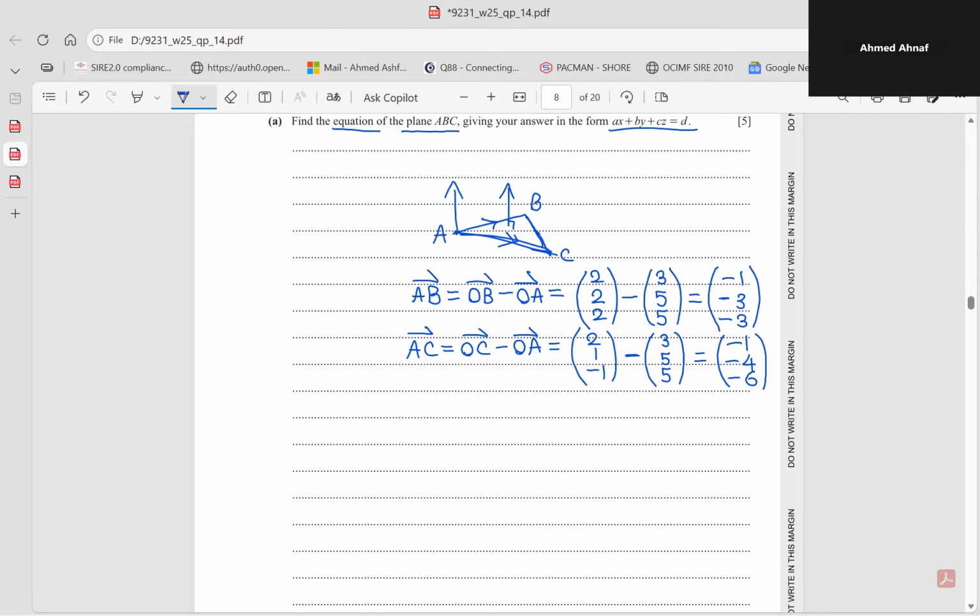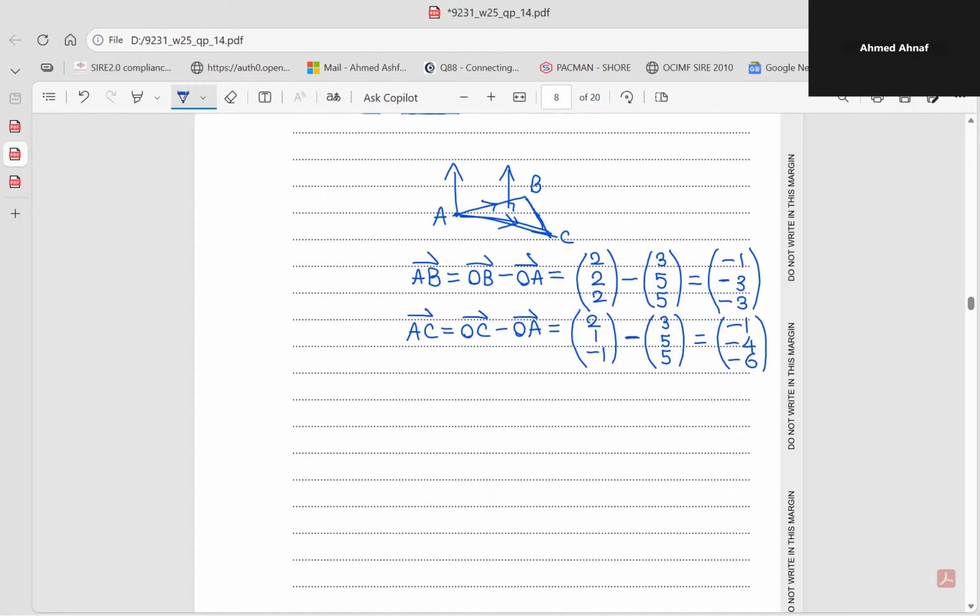Okay, so let's find the normal vector. To find the normal vector manually, first you have to get the order right. For me, I like to use the first vector AB, vector multiplied with AC.